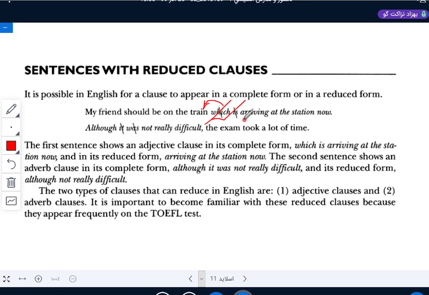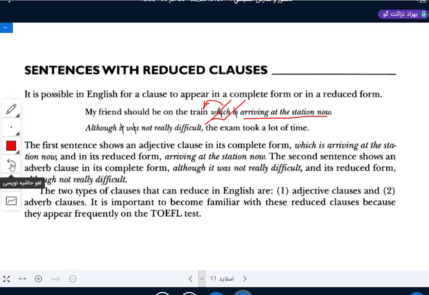So what is remaining is a phrase, an adjectival phrase, arriving at the station now. You remember we talked about the participles. A present participle functions as an adjective and it's a post modifier. It modifies the noun train. So here we can reduce it.